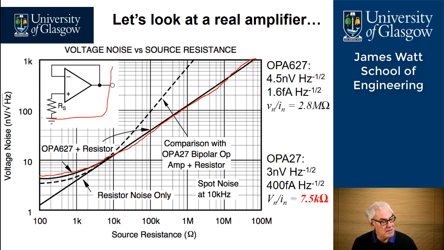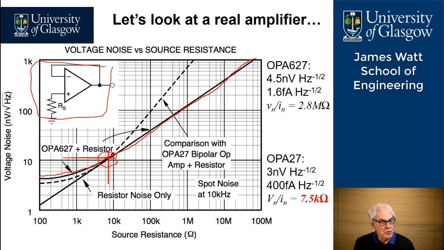And we've got our schematic drawn up here in the corner. And our optimum point is at this point here, when we calculate that the noise resistance is equal to the noise voltage divided by the noise current.